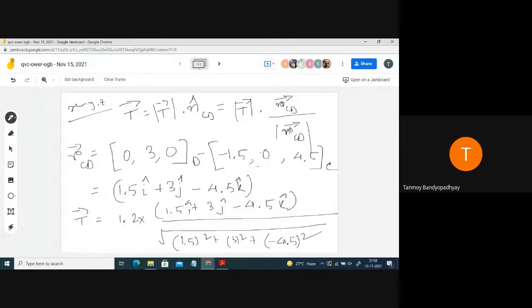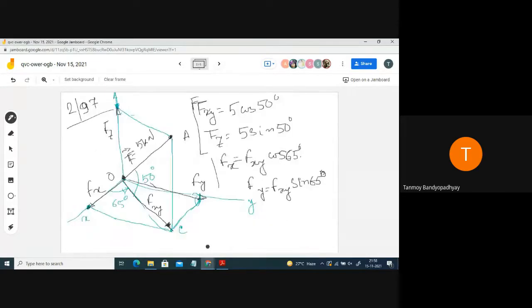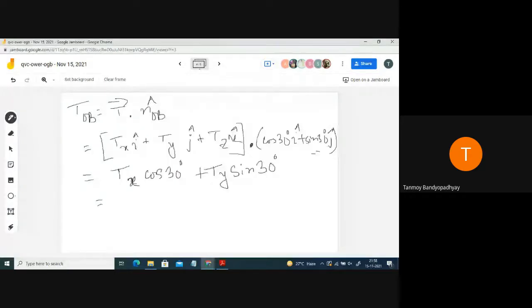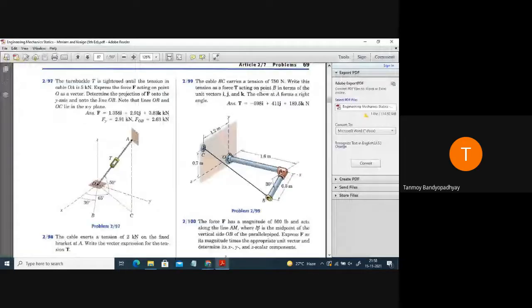So how much did it come out to be? Look, I have not calculated whatever came out again, you will put it in, just put the values. This is not T, this is F here, okay? So just put the values. So if you put the values, you should be getting it to be 2.63 kilonewton. Clear? See, the answer is 2.63 kilonewton that is given.